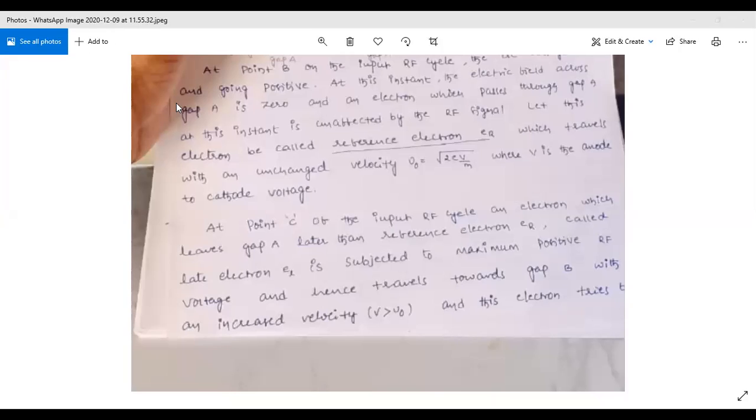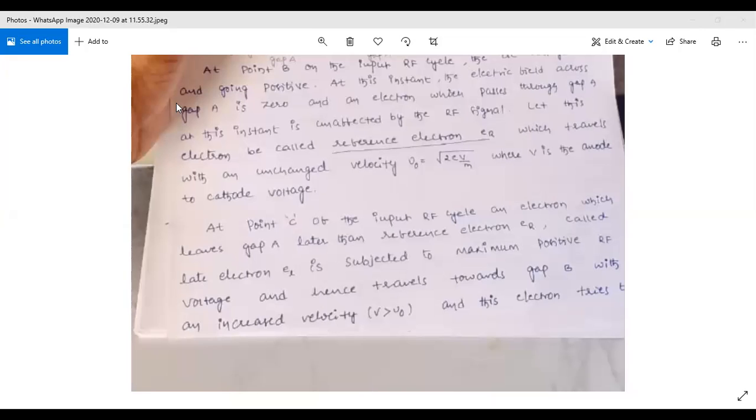So finally, you can say that the reference electron ER is at point B, the late electron is at point C, and the early electron is at point A. The reference electron is traveling with velocity V0, and the late electron is traveling with velocity V greater than V0. Here, don't think that because of more velocity, it is the early electron. Don't think like that. That electron is later when you compare with the reference electron. That's why it is known as the late electron. And another electron is earlier than the reference electron. That's why it is known as the early electron.